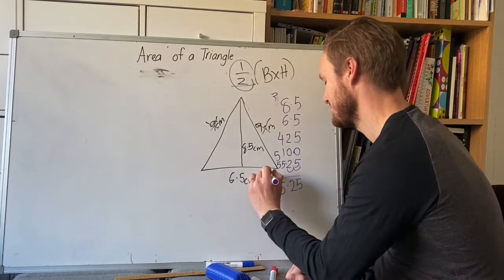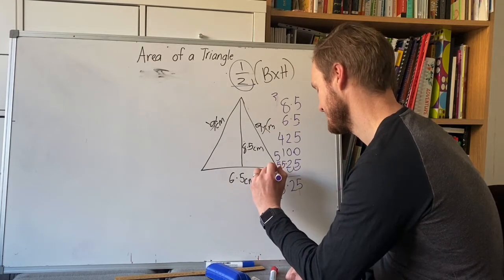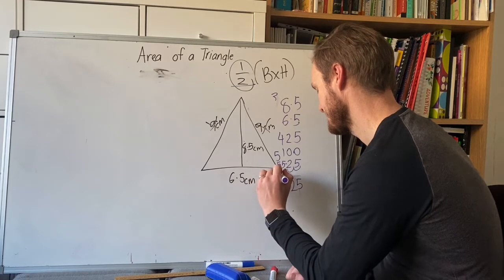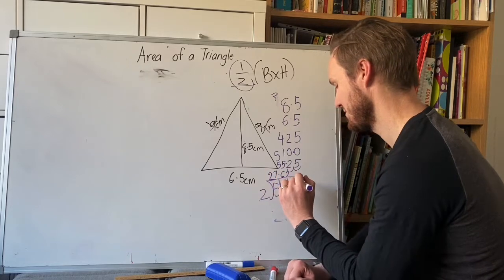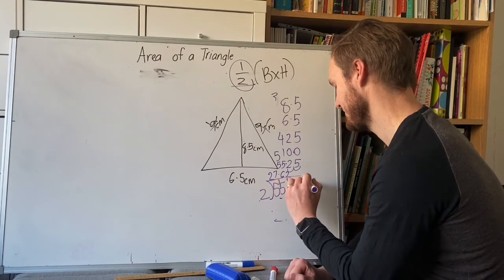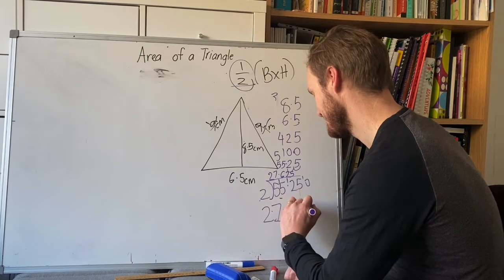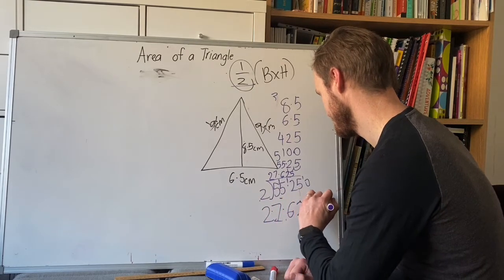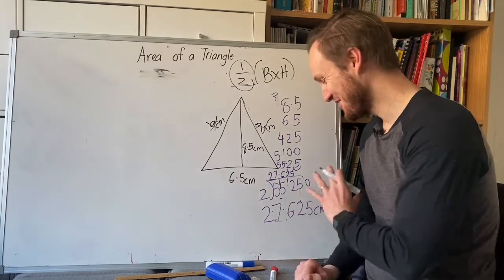All right, 2, 7, 6, 2, 1 left over, 5. 27.625 centimeters squared.